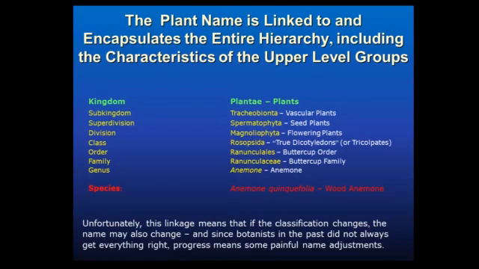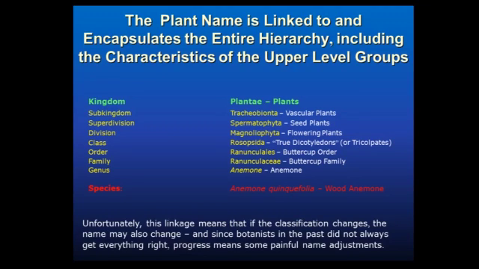So what this means is the plant name is linked to this hierarchy and encapsulates it, and any particular species will have the features of all of the upper level groups. So what this means naturally is that if the classification changes, if you decide that a plant goes in a different hierarchy, then the name may change, at least if the different hierarchy involves the genus and species.